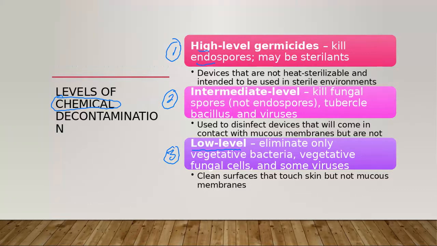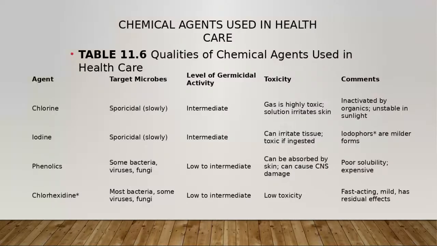So: high level, intermediate level, and low level. The high level will kill the endospore, so it's used as a sterilant or sporicide. The intermediate level is usually used for some intermediate resistant bacteria, and the low level is used for the least resistant bacteria or microbes.